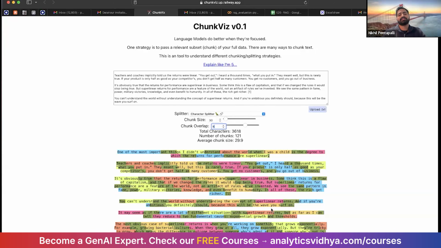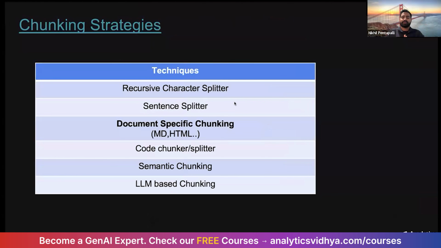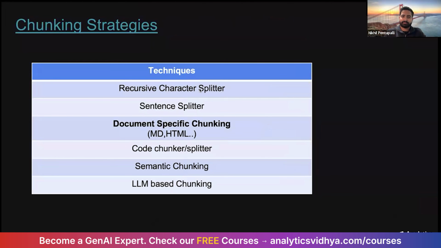Going back to the techniques, a sentence splitter splits our text based on sentences. Document specific chunking splits based on the document type: if my document is markdown or HTML, I can use tags like H1, H2, H3, body, span. For a code chunker or splitter, you can write your own custom strategies for Python or Java code.